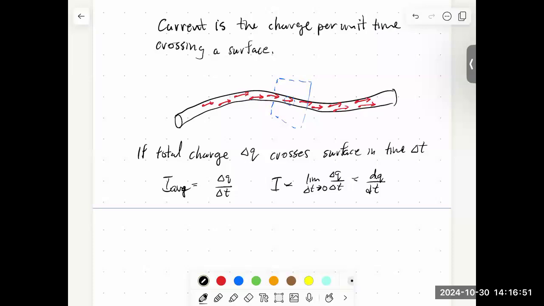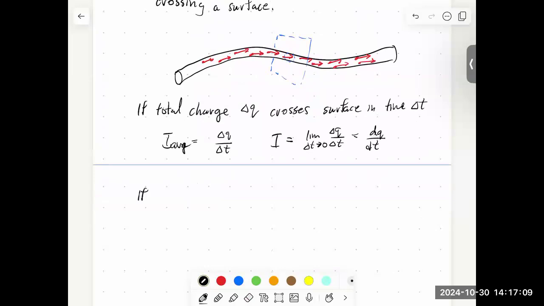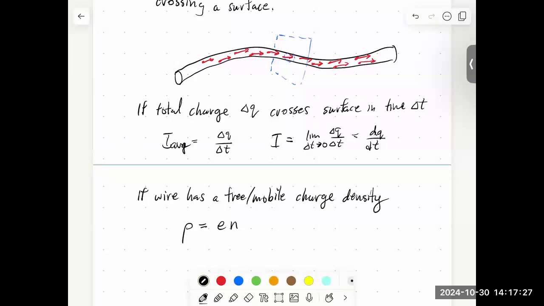All right. So I want to be able to express this in terms of other quantities. What I want to imagine now is that our wire has a certain density of mobile electrons. So if our wire has a free/mobile charge density, I'm going to say rho is going to be e times n.